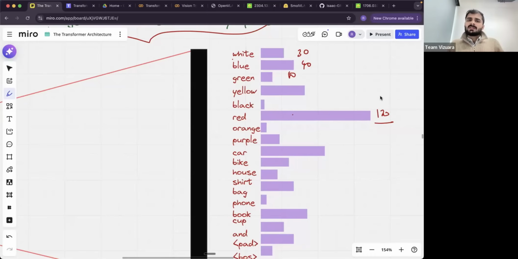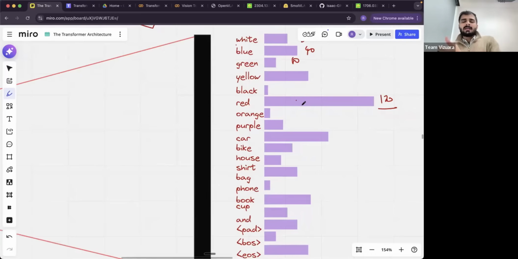And you pick the token which has the maximum probability. That is why LLMs are called models which predict the next token with maximum probability. So here you can clearly see that the token red has the maximum probability. So I will choose that as the next token in my sequence.